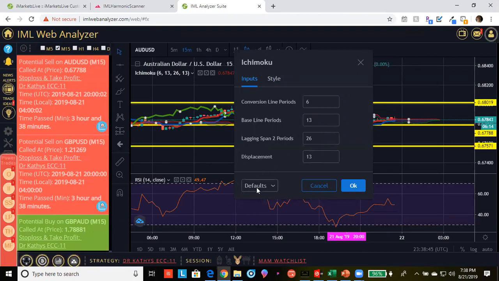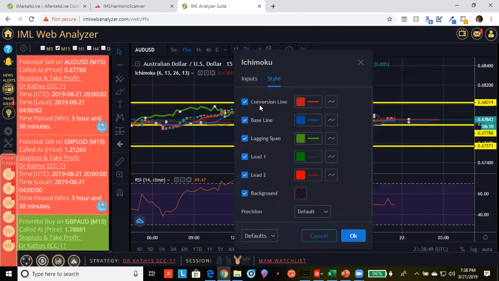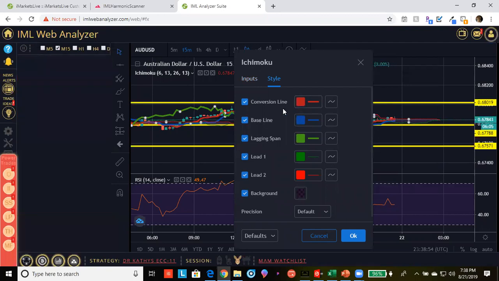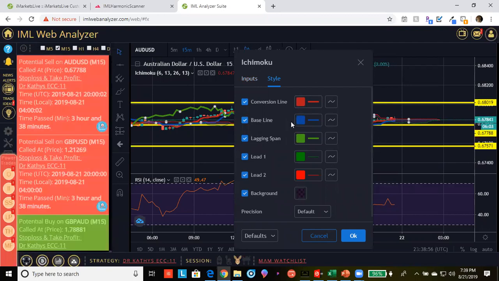And then once you get done with that, you're going to do style. And make sure that your conversion line is the red and not blue. Make sure that your baseline is blue and not red. And then, of course, you can thicken up your lines. And then we have the lagging span, and I thickened up that green line. So everything else stays the same.